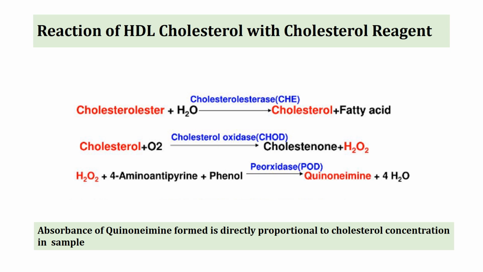This hydrogen peroxide now reacts with 4-amino antipyrine and phenol present in the reagent in the presence of enzyme peroxidase and gets converted into quinoneimine dye. This quinoneimine dye gives a pink color to the solution, and absorbance of this pink color formed is directly proportional to the HDL cholesterol concentration present in the sample.